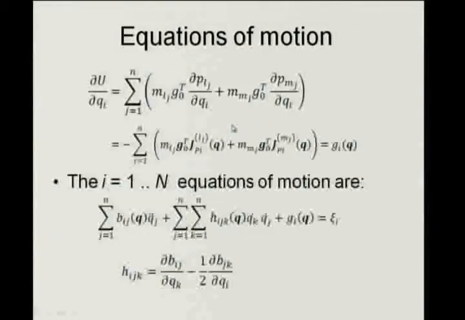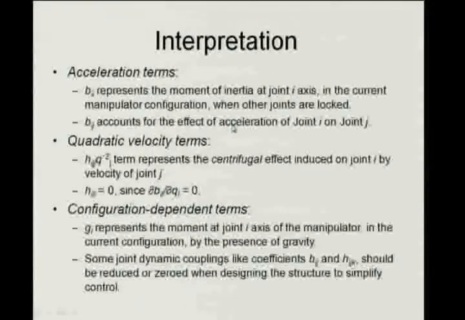So now let us look at a little bit at the interpretation of all these terms. When I was talking about terms like B_ii, it represents the moment of inertia at joint i axis of all the links when all the other joints are locked.